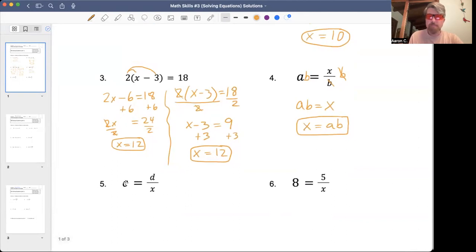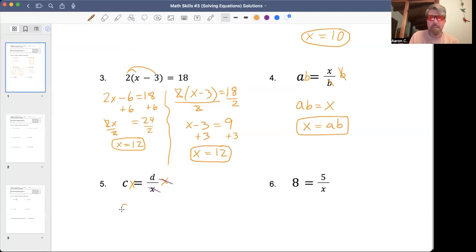All right. Now we have a slightly different situation where we have the variable in the denominator. The very first step is we need to get the variable that we're trying to solve for out of the denominator, and then we're going to have another step to do. So we're going to multiply by x on both sides so that we can cancel out this x on both top and bottom.